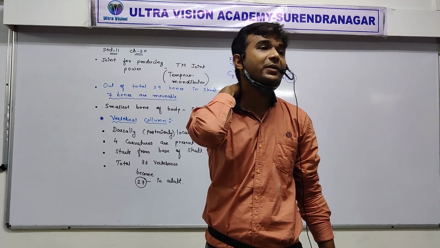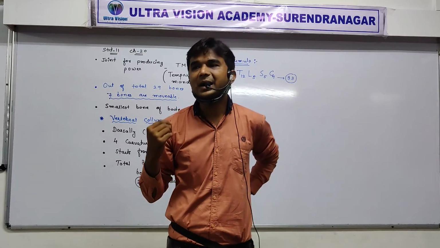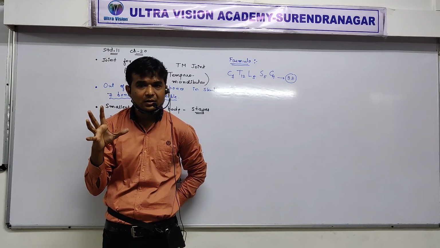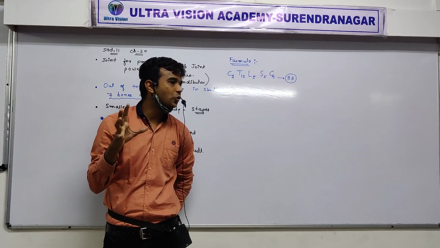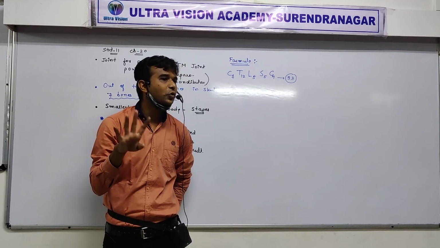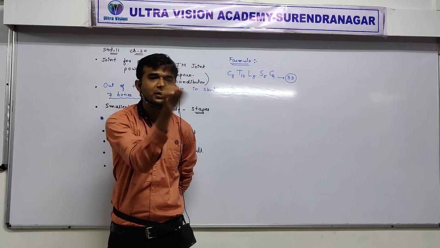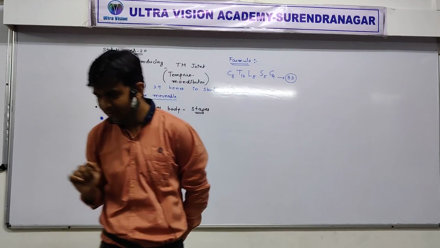Thorax, 12 vertebrae. Lumbar, 5 vertebrae. Sacral, 5. And coccyx, 4. The coccyx is continued to the tail in other animals, not in humans.